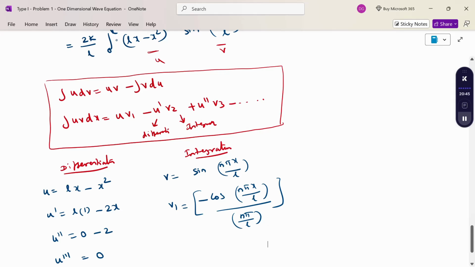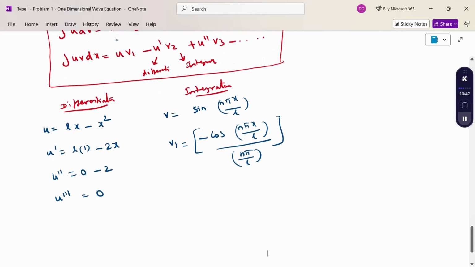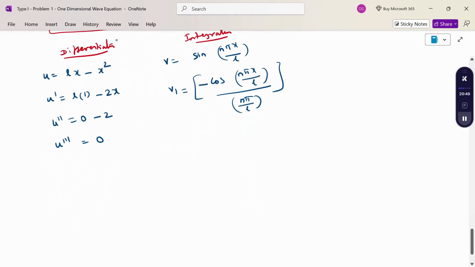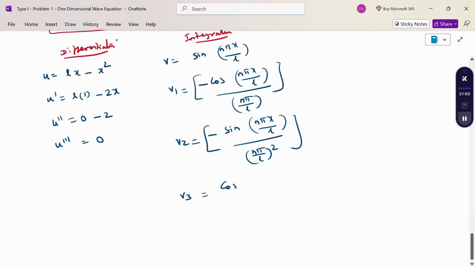And then again to integrate this, v2 equal to minus sin n pi x by L by n pi by L square. Then again integrate this cos, because minus of minus cos plus cos n pi x by L by n pi by L cube.